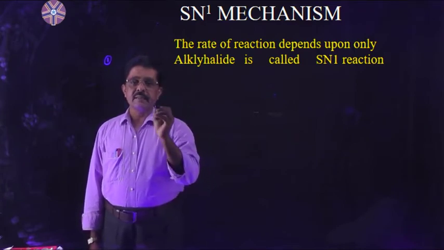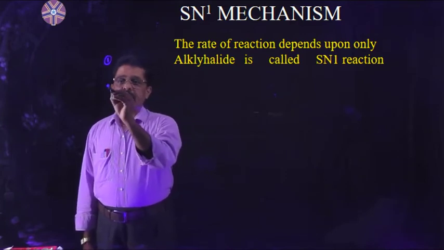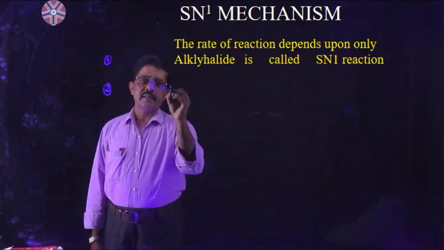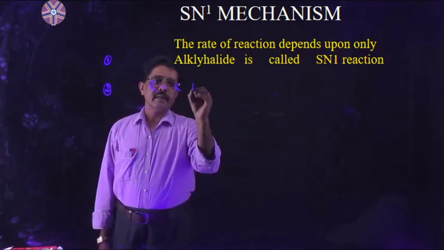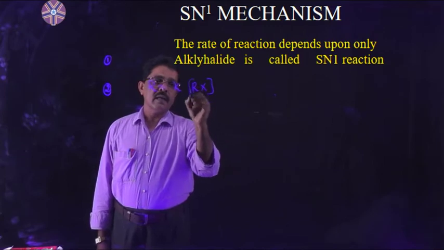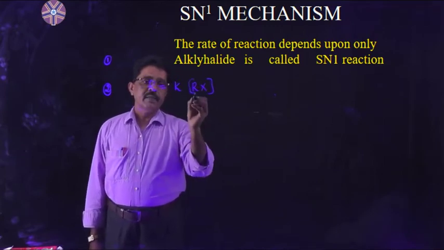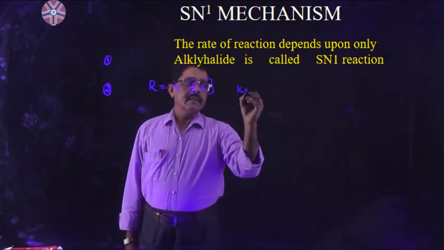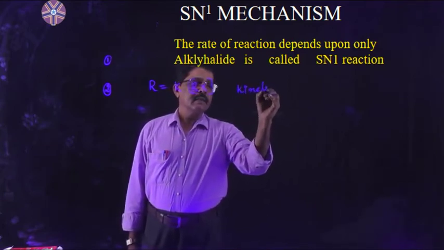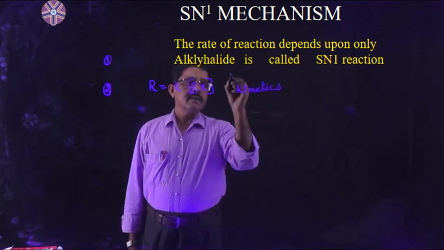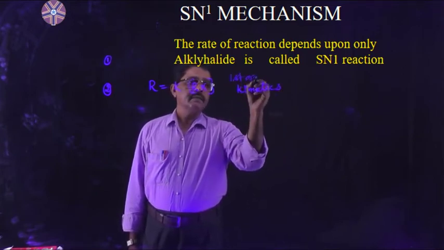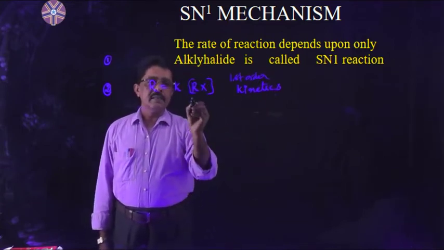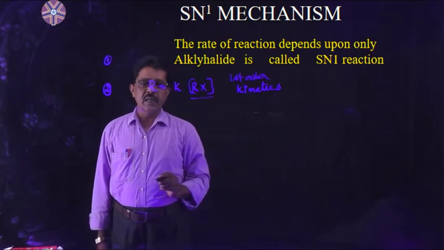So, tertiary alkyl halides undergo a reaction where rate is equal to k times the concentration of alkyl halide only. Therefore, it follows first order kinetics. Why is it first order kinetics? Because the rate of reaction depends upon the concentration of alkyl halide.